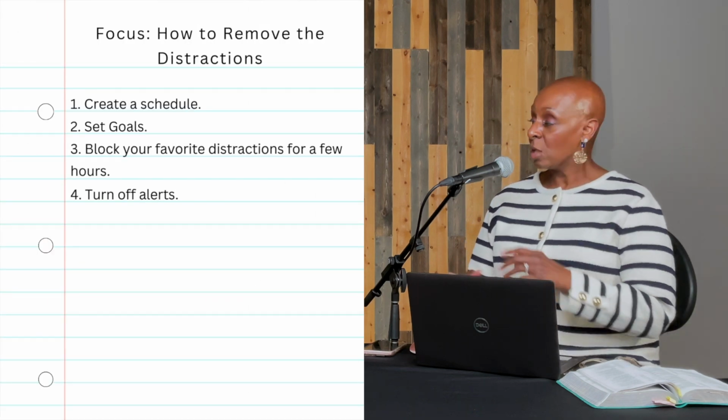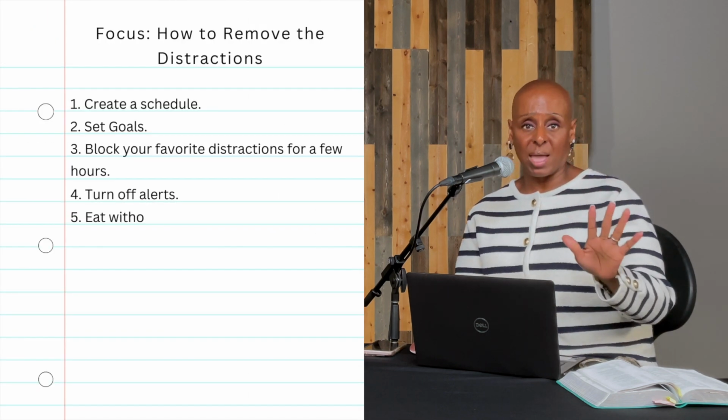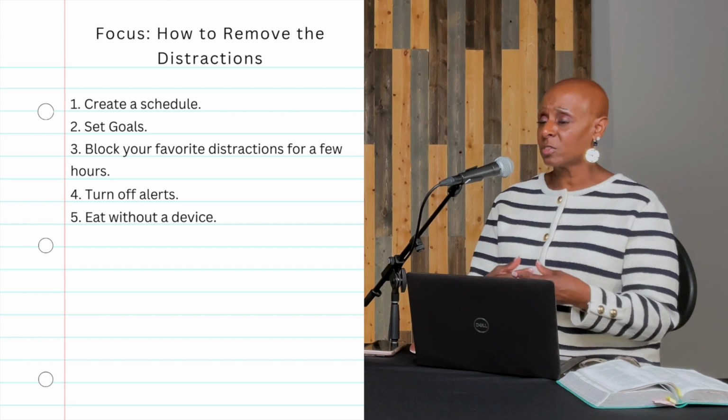And then number 4, turning off alerts. Zoom will now do this for us. I've noticed whenever I have a Zoom scheduled on my calendar and it comes up as a reminder, it says turning alerts off during this time. I love that. Thank you, Zoom, for helping me. Number 5, eat without a device. Focus on the person that you're with, or if you're by yourself eating at your desk, just focus on the texture of your food.